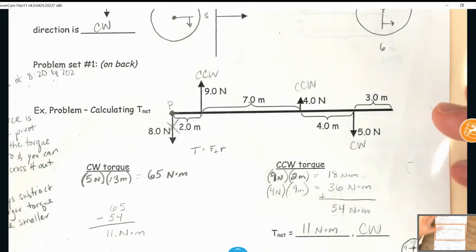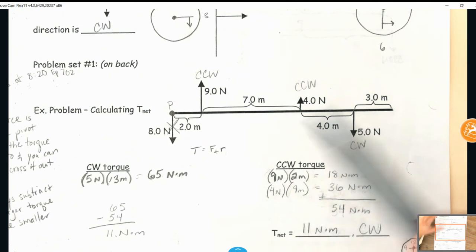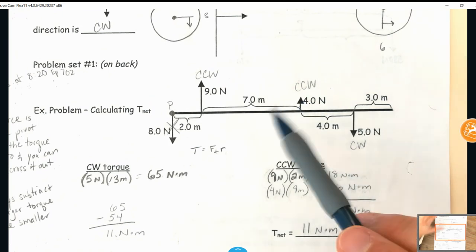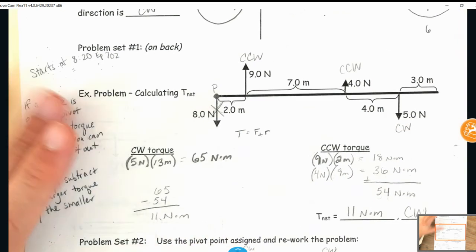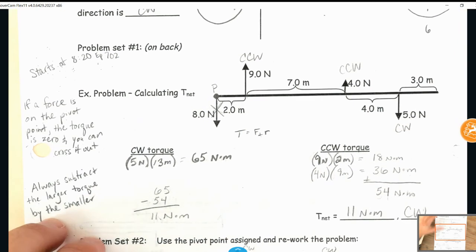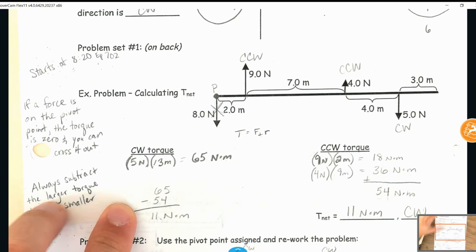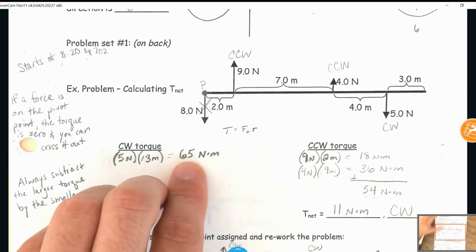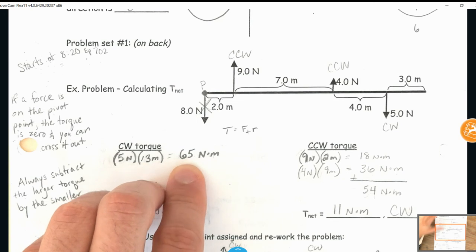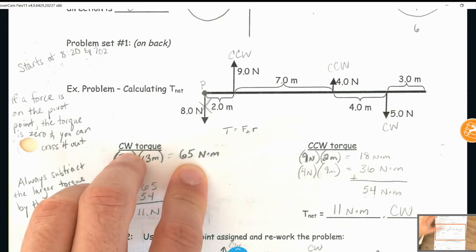Now, after you have figured out what torques are being exerted on this, we want to find the net torque, which is the one that's actually going to make it turn in a given direction and with how much torque. I wrote off to the side here, you're always going to subtract the smaller torque from the larger. First, we have a total of 65 Newton meters worth of clockwise torque.